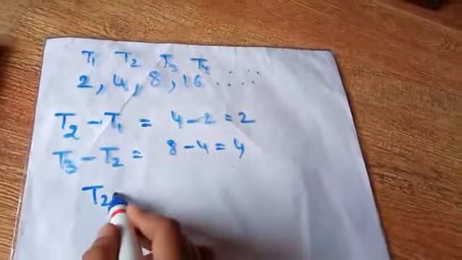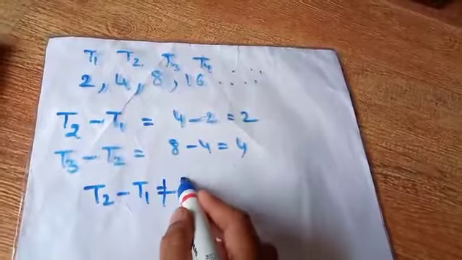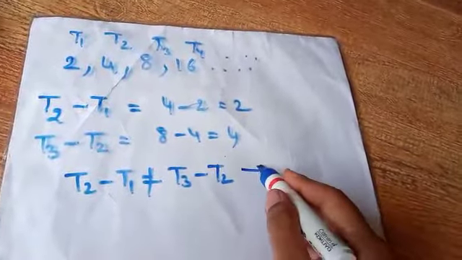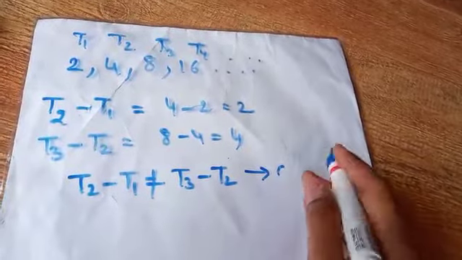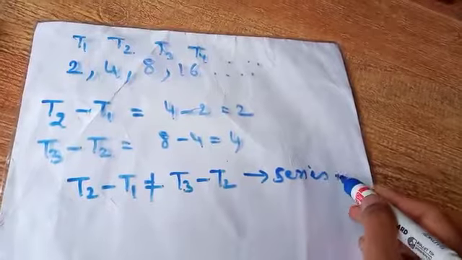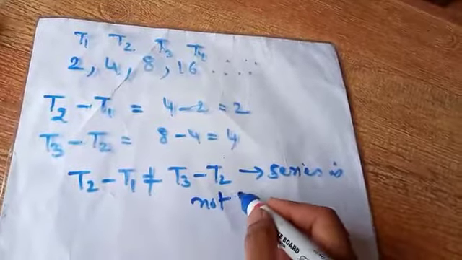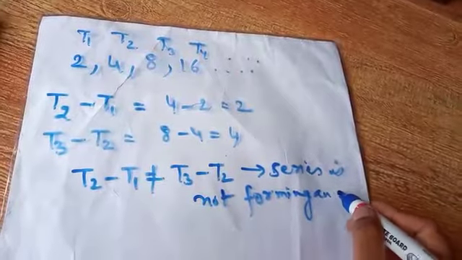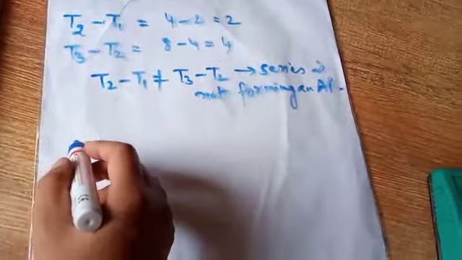So T2 minus T1 is not equal to T3 minus T2, or we can say that common difference नहीं है. So this series is not forming an AP.